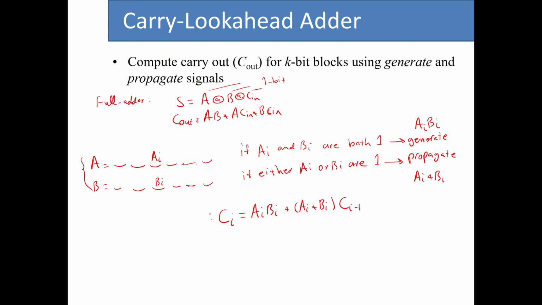So as you can see, the carry for this stage is 1 if both AI and BI are 1, or if one of them is 1 and the previous carry is 1. This is the basic concept behind carry look-ahead adders.